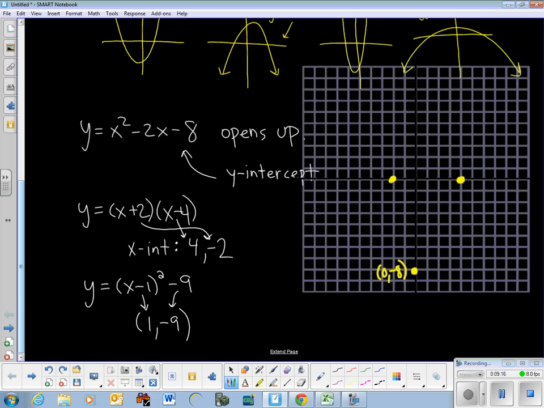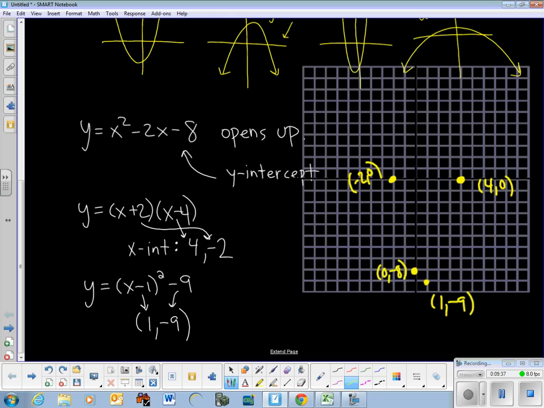So the opposite of the number with x, comma, the y value, which is that last constant on the end, gives us the vertex. So this thing's vertex is 1, -9, which is right here. And it just kind of fits into the pattern. This was 4, 0. This was -2, 0.